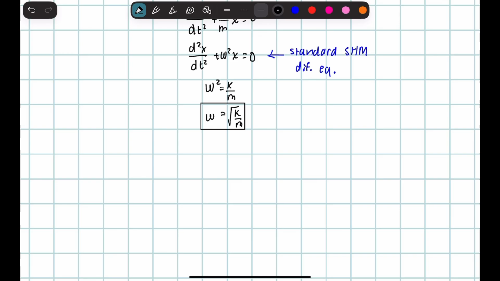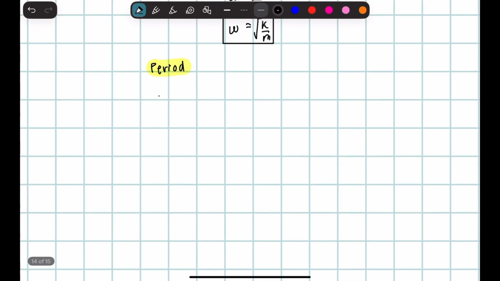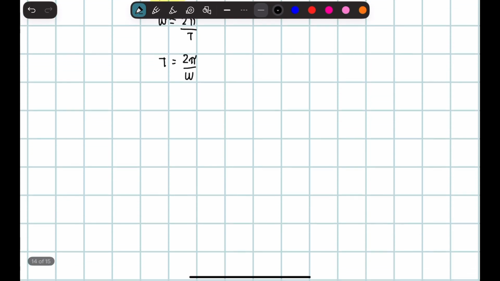Now we can derive the period. To start off with this derivation, we have the definition of angular frequency, which is omega is equal to 2 pi over T. Solving for T, we have 2 pi over omega. And we can substitute in omega is equal to the root of k over m.